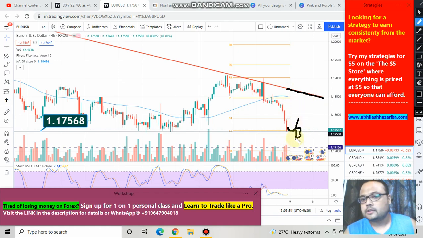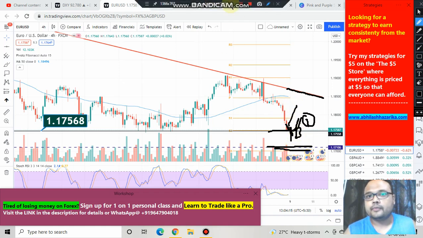So firstly, if the market bounces from here, you'll be buying here with a small position because this is a temporary support. If the market fails and crosses this level, then your second buy level is this 1.1712 level. Clear?